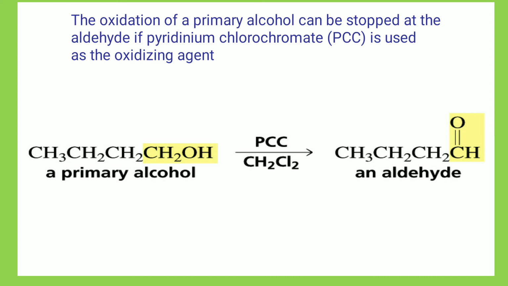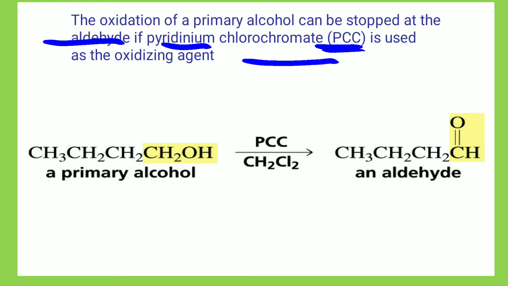This is the drawback of the chromate compound, and that's why we use another oxidizing reagent for the conversion of alcohol to the aldehyde, that is PCC. This is also an oxidizing agent. The oxidation of the primary alcohol can be stopped at the aldehyde if we use PCC, which is called pyridinium chlorochromate.